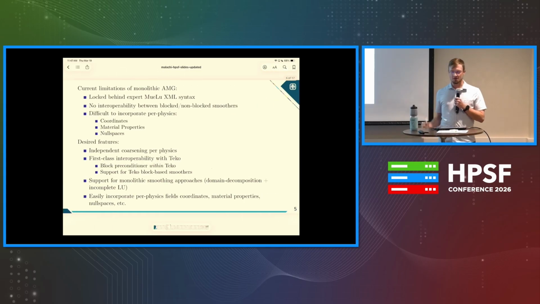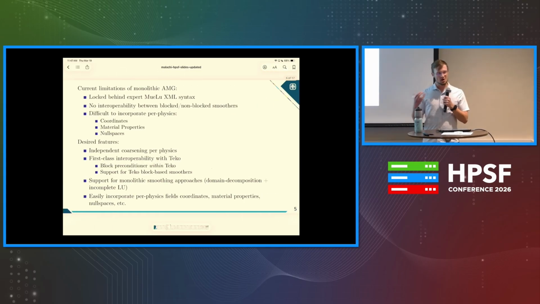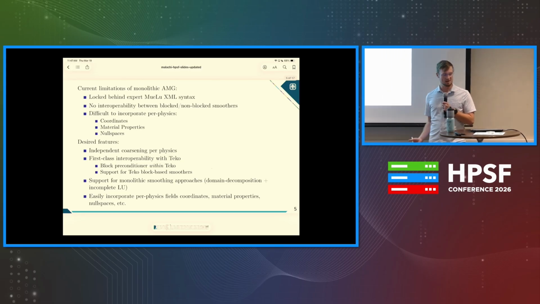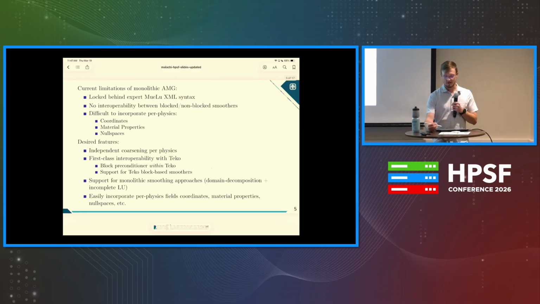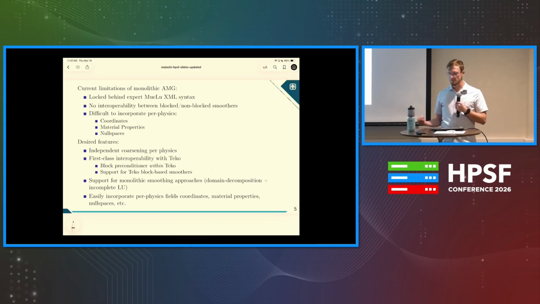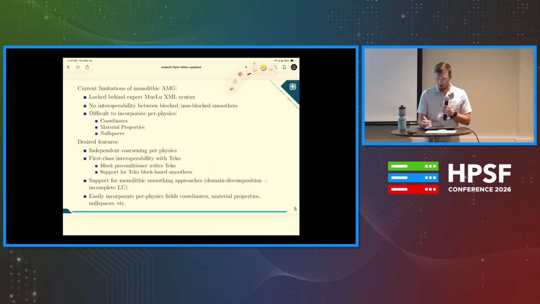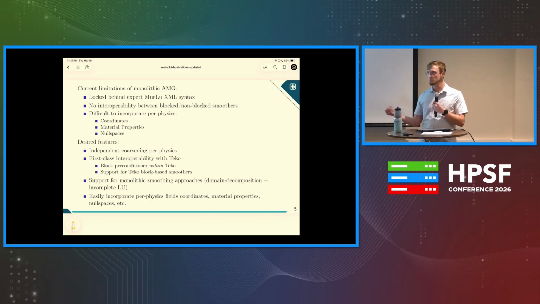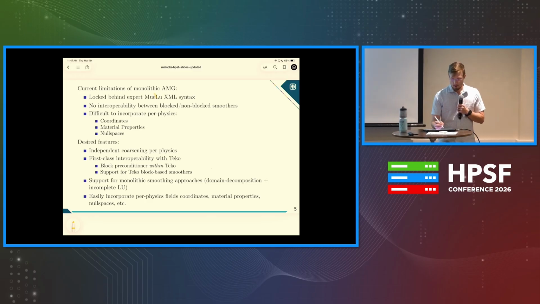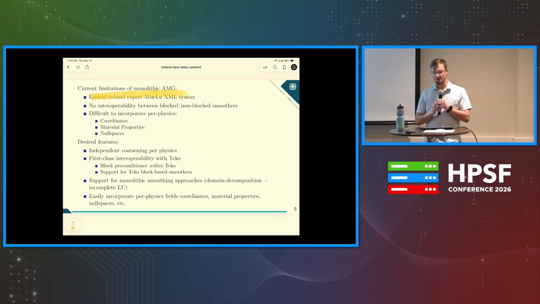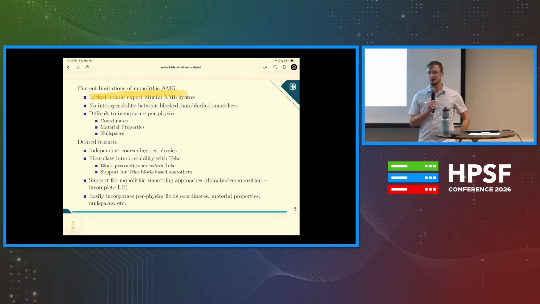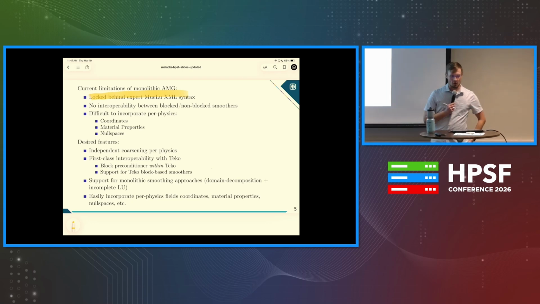And how is it that we actually accomplish this? We accomplish this by using a monolithic block algebraic multigrid technique, which already exists inside MueLu. But I'll note that there are a couple of limitations to what is currently in the developed branch right now. Firstly, the syntax is locked behind the expert MueLu XML syntax, which I am not smart enough to comprehend.